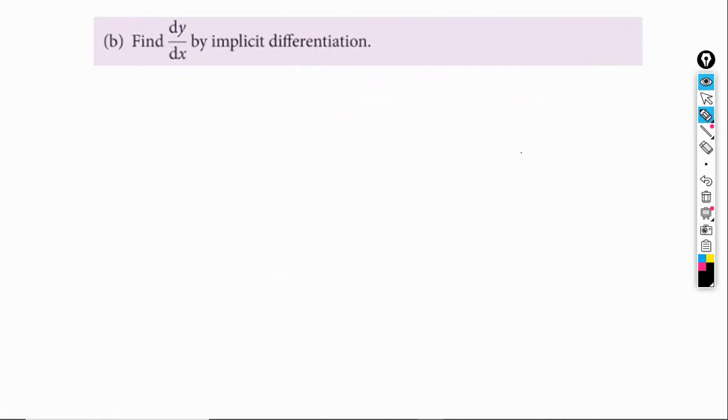So in part B, they ask us to find the derivative of a unit circle by implicit differentiation. So again, we know that x squared plus y squared equals 1. So let's find the derivative of this by implicit differentiation. So by implicit differentiation, this would be 2x plus 2y times derivative of y is equal to 0.